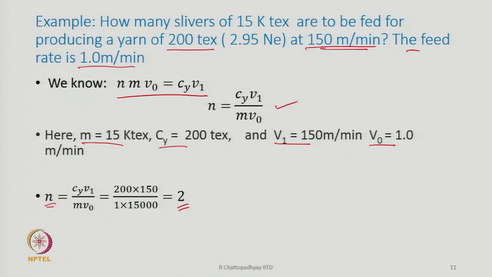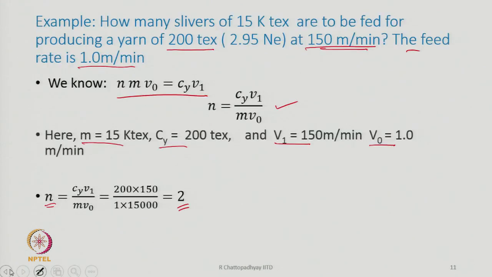If the slivers are not 15 kilotex, typically cotton slivers cannot be 15 kilotex, it could be 5 kilotex or 5.5 kilotex, something like this. In that case, 15 you will replace by maybe 5 or maybe 6, and we can find out what n value will be there, but n has to be always an integer.